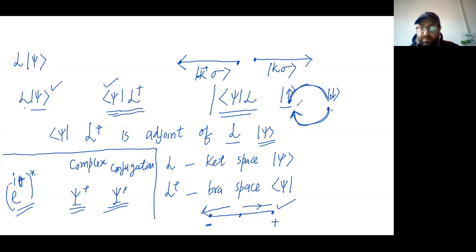It means there's a process which is one flow, and then there's another process which is an opposite flow. If you look at these Feynman or scattering diagrams, you can see the flow. The momentum is in one direction, the spin is in one direction, or you have helicity in one direction. Then the adjoint will always mean a process which is in the opposite direction. So that is why adjoints are important.